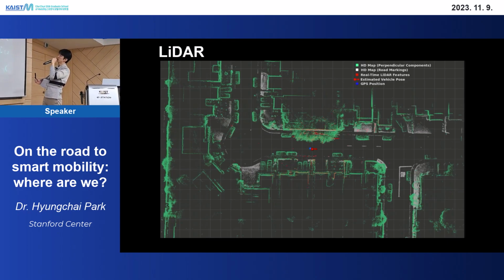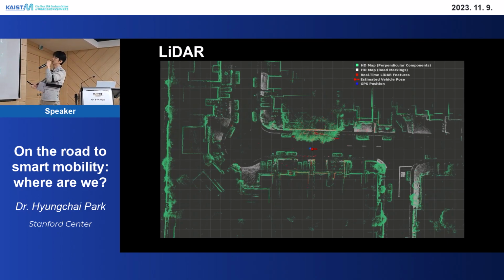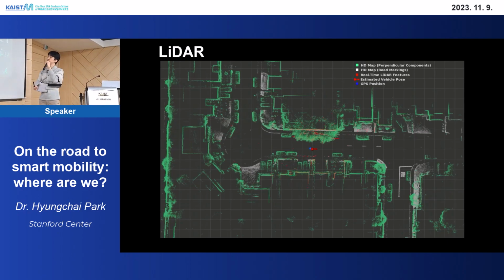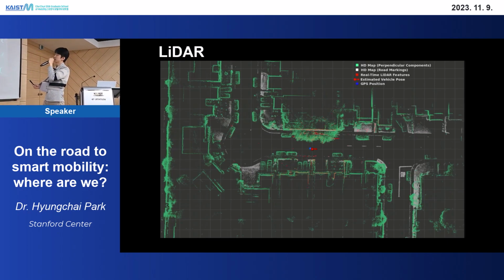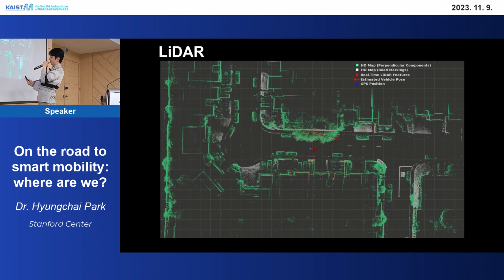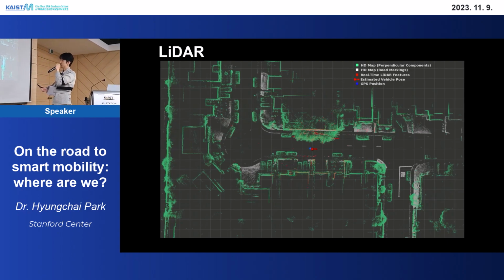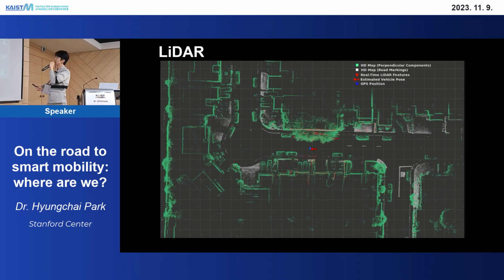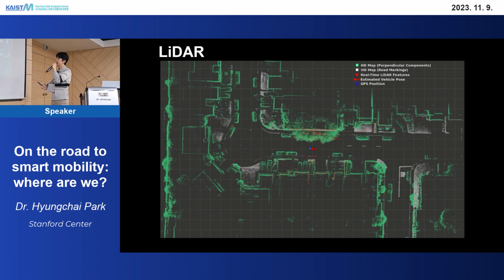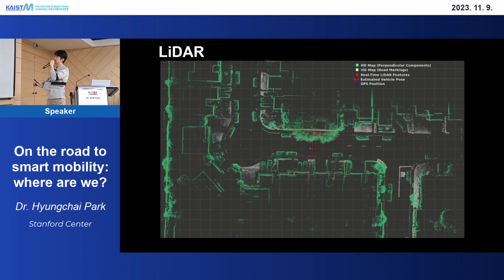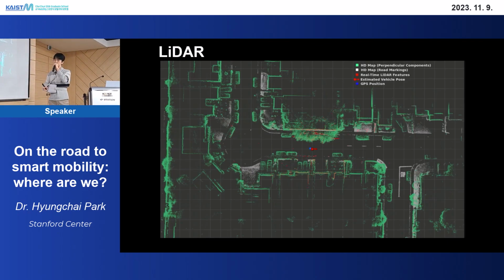The green dots are things above the ground, and the white dots are road markings. Those red dots are real-time LiDAR measurements, and the red point is the estimated vehicle pose after localizing the position of the vehicle through the LiDAR information.